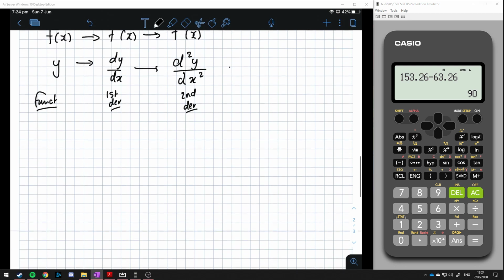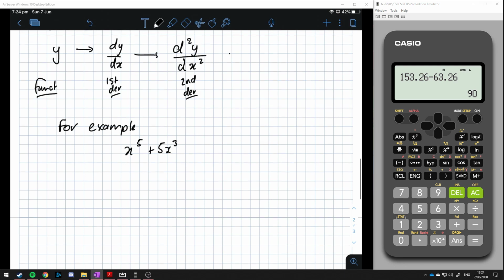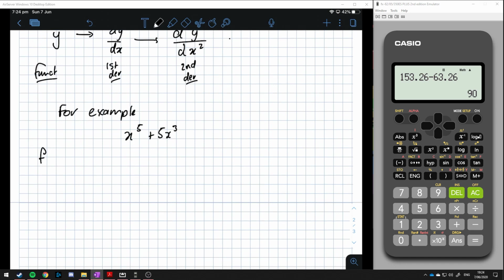So let's have a look at a small example. Let's start off with the function x to the power of 5 plus 5x cubed. Using function notation, f of x is equal to x to the power of 5 plus 5x cubed, or we could write that as y is equal to x to the power of 5 plus 5x cubed.